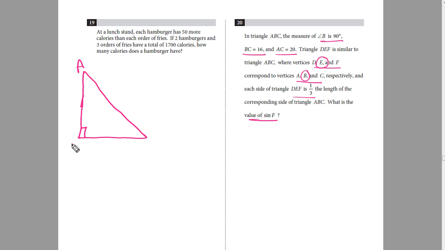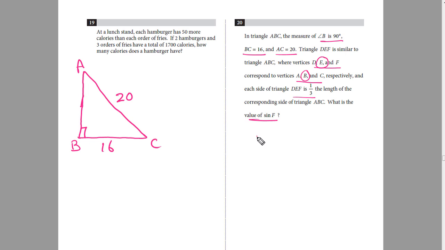This side is A, this side is B, and this side is C. Now AC is 20 and BC is 16. Now I'll draw triangle DEF, but first we have to find this length because I'll be needing it. So I will use the Pythagoras theorem to find this side.